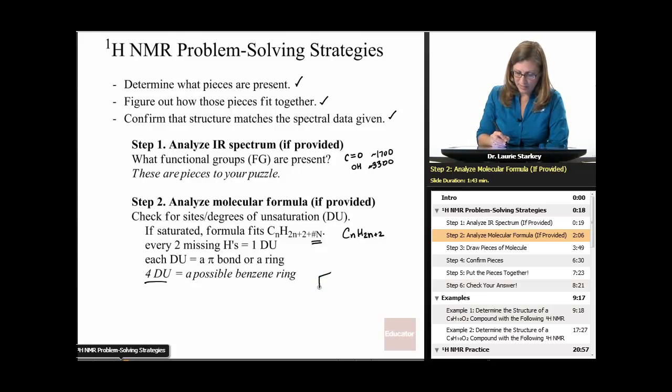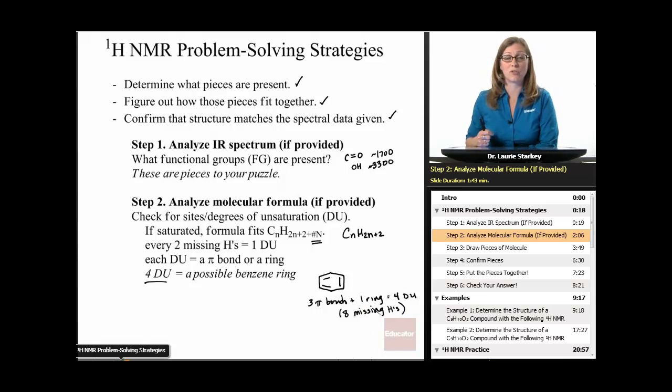If you take a look at a benzene ring, we have a 6-membered ring with alternating pi bonds. So that means we have 3 pi bonds plus 1 ring. That equals 4 degrees of unsaturation. That means if we have 8 missing hydrogens, then it's possible that we have a benzene ring in our structure. That's a great way to account for a lot of degrees of unsaturation very quickly.